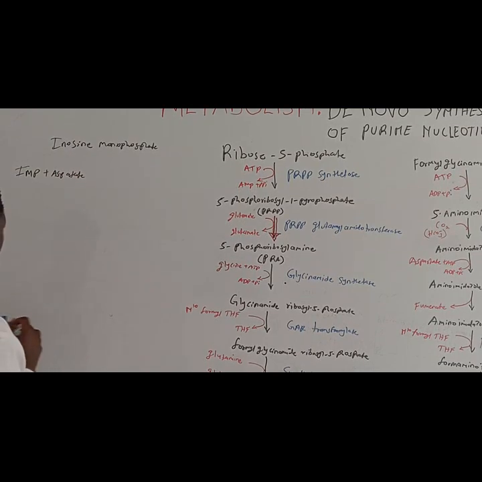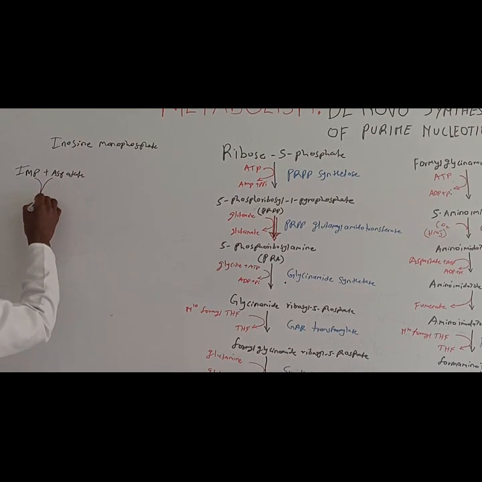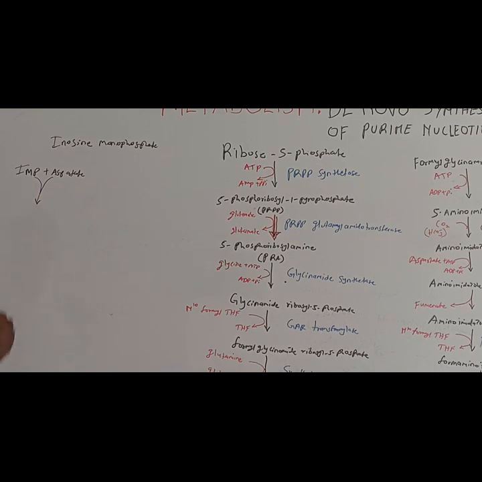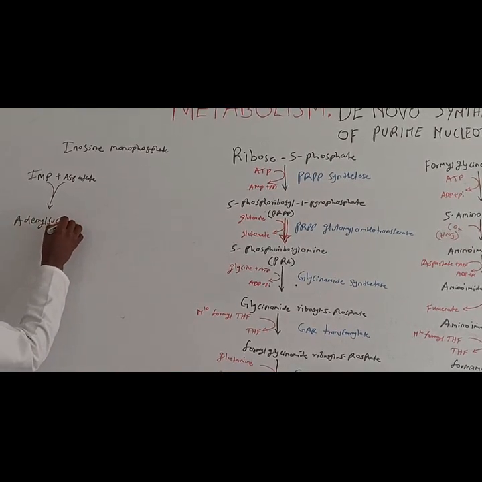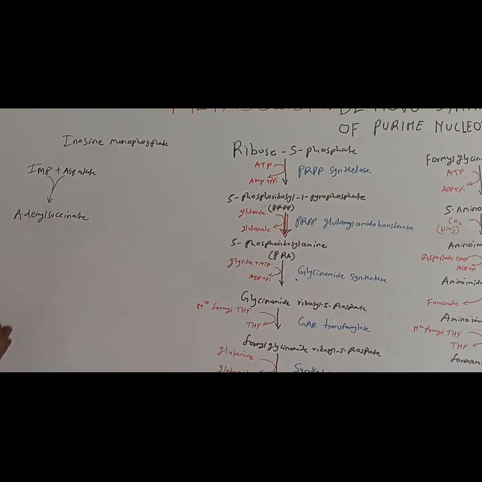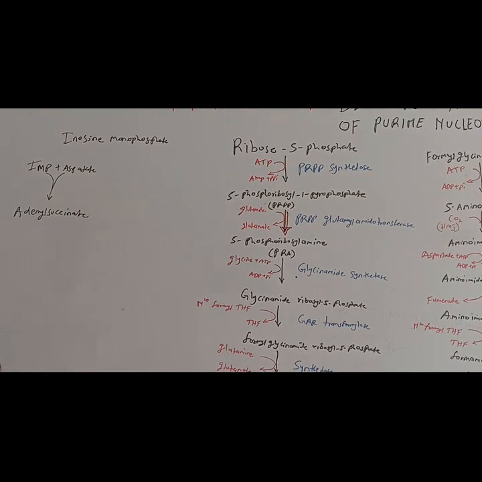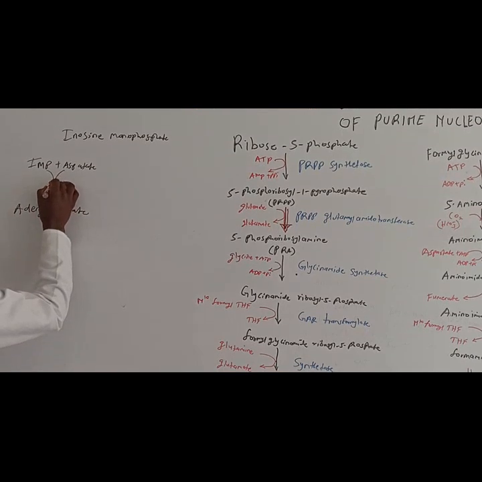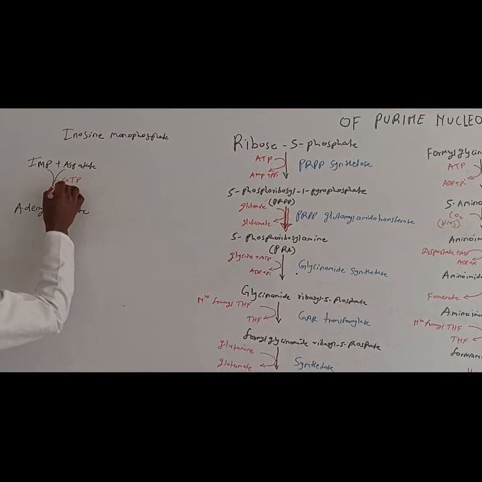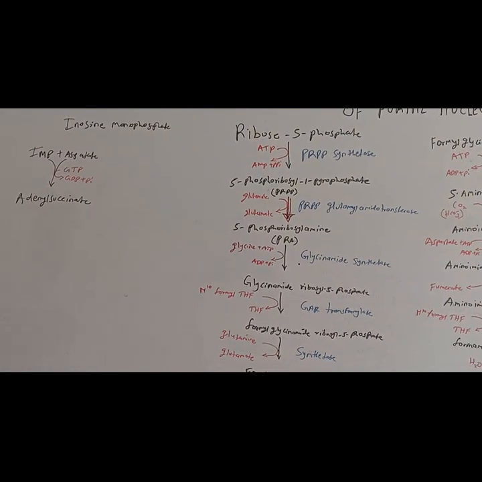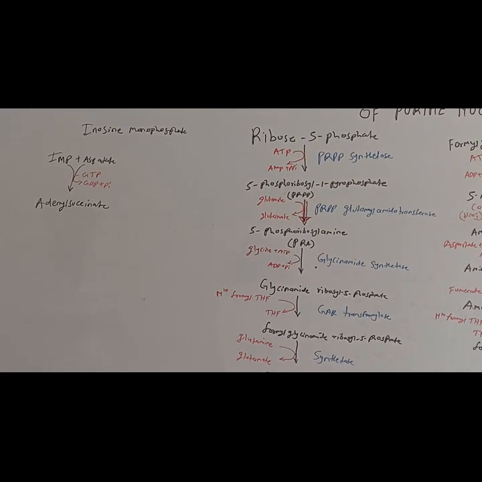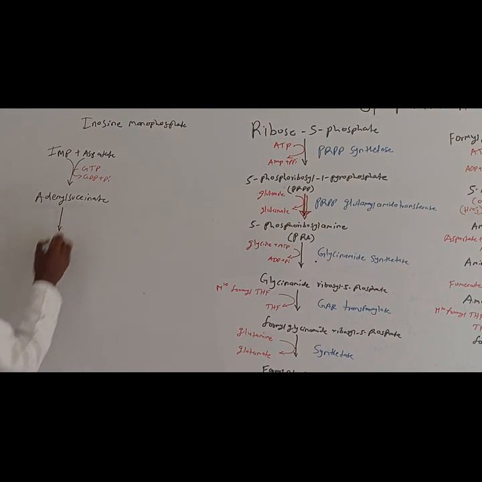We're going to form a new molecule called adenylosuccinate. So this reaction requires energy in form of GTP. So we're going to have GTP converted to GDP. Alright. Now, adenylosuccinate can be cleaved by an enzyme called adenylosuccinate lyase.